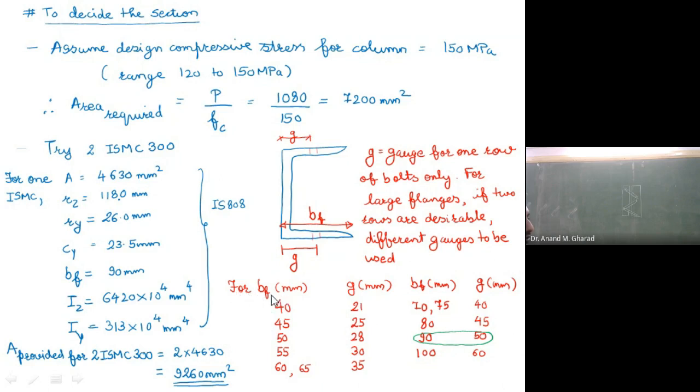For the flange width, given by B suffix F, the essential G value is mentioned. For example, if the flange width is 40 mm, the G value is 21 mm; for 45 it is 25; 50, 28; 55, 30; 60 and 65 it is 35, and so on.